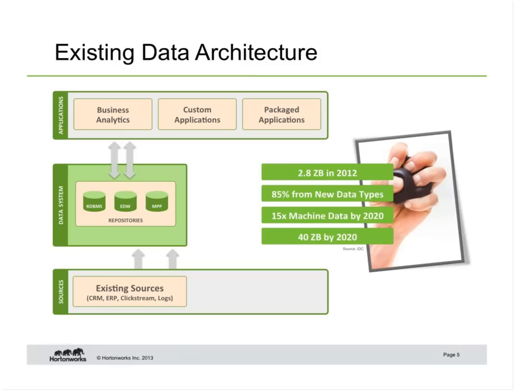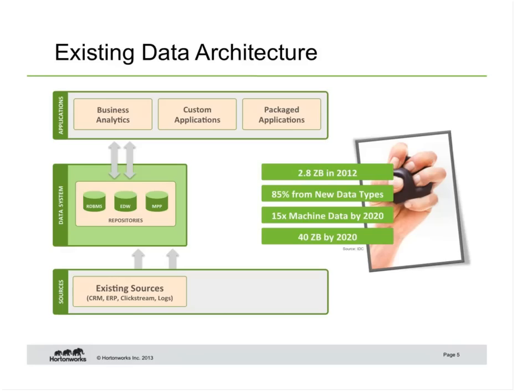Now, the thing about this architecture is that it is under pressure, given the growth of data we've all heard about, the so-called big data revolution. There is a tremendous amount of data: 2.8 zettabytes created in 2012 alone. The amount of data is doubling every 18 months according to IDC.